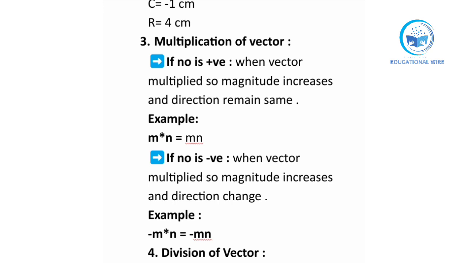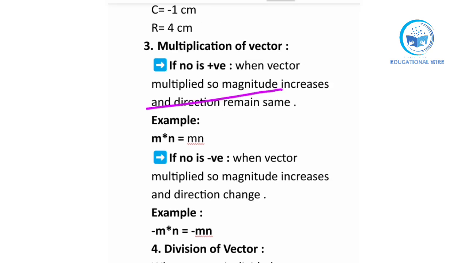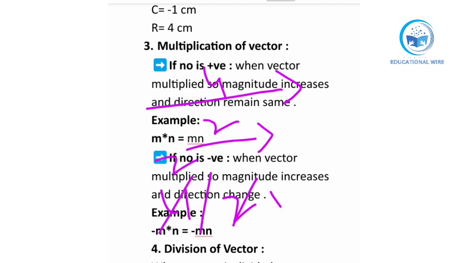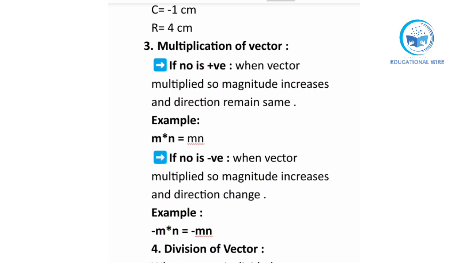In the graphical method, m is 4 centimeter and n is 2 centimeter. When 4 is divided by 2, 2 ones are 2, 2 twos are 4. How will it be written? We will write this like division of vector. This is 2 centimeter. Now the direction remains the same and the magnitude decreases, and this is called the division of vector.